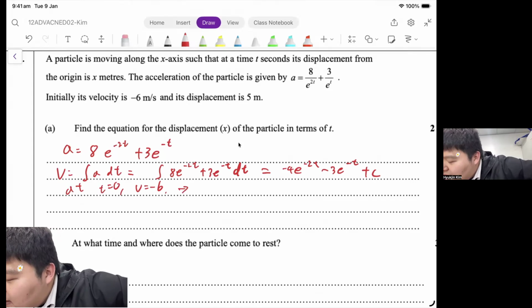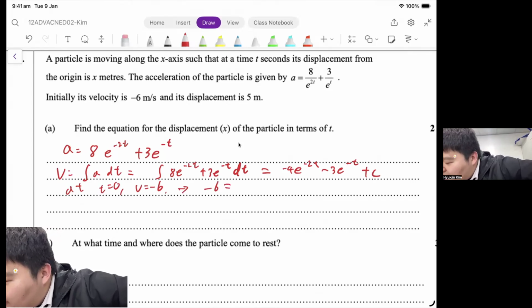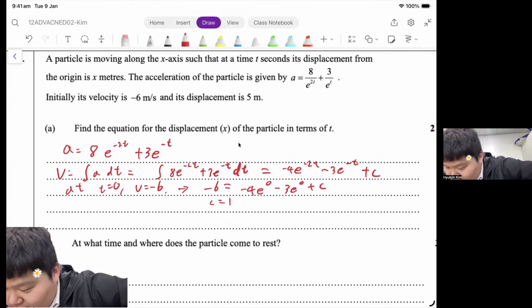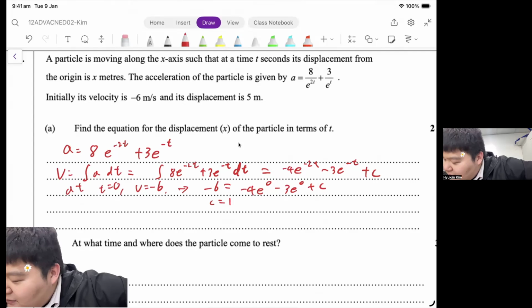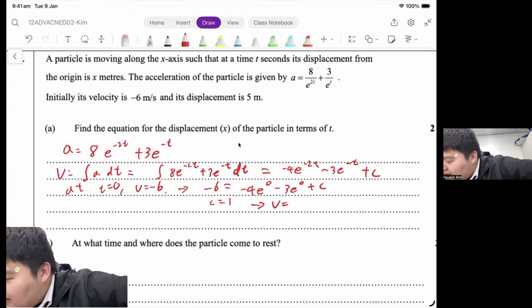So negative 6 equals negative 4 e to the power of 0 minus 3 e to the power of 0 plus c. So that means c equals plus 1. So now velocity is negative 4 e to the power of negative 2t minus 3 e to the power of negative t plus 1.